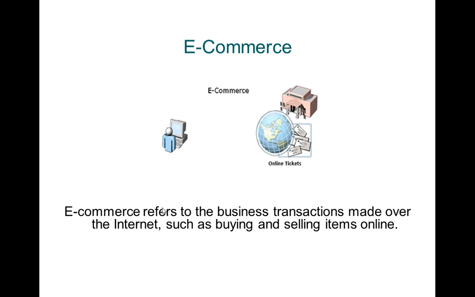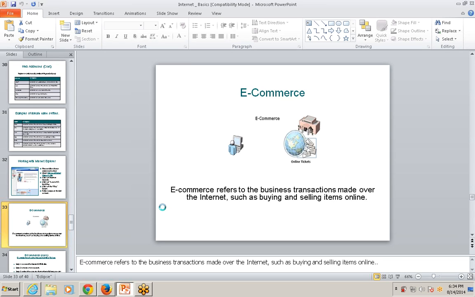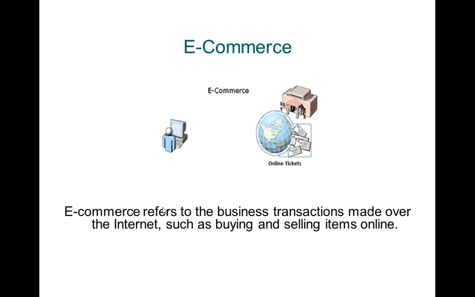Then next topic is e-commerce. E means electronic. As the name advises, e-commerce means how electronically we can do commerce of goods and services. And the commerce meaning is exchange or buying and selling of goods and services. So whenever we exchange goods and services from one person to another, that is known as commerce.